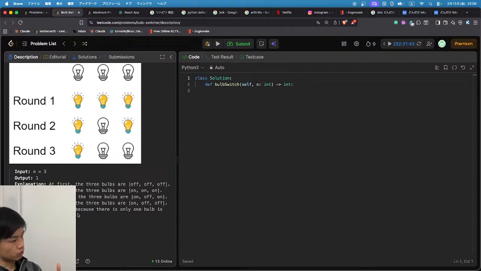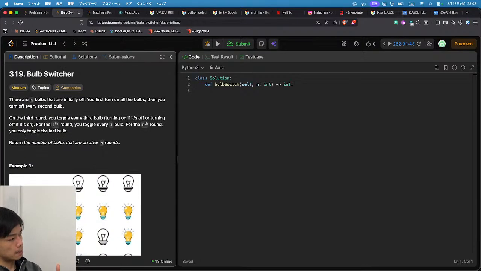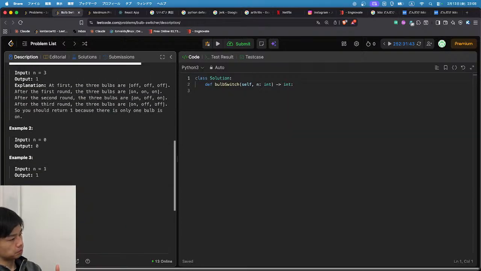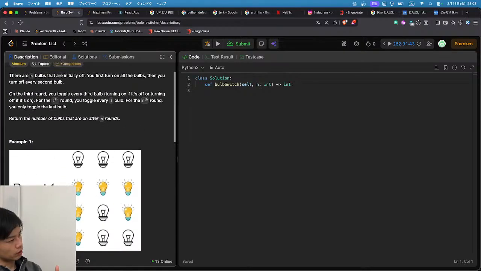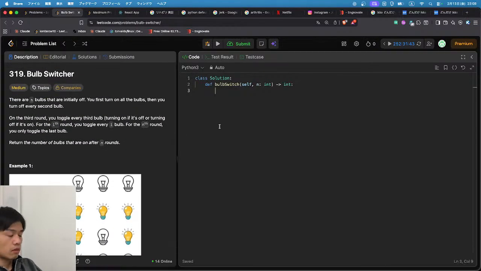You should return 1 because there is only one valve that is on. Okay. I understand the problem.